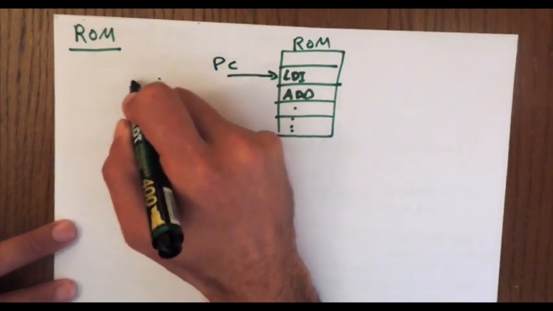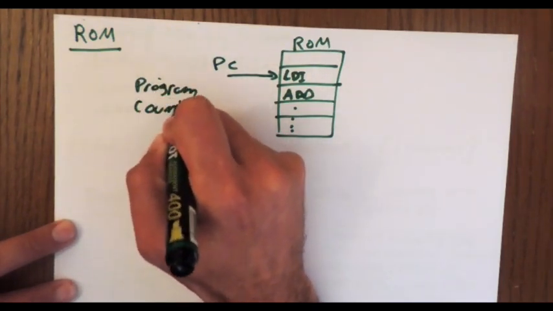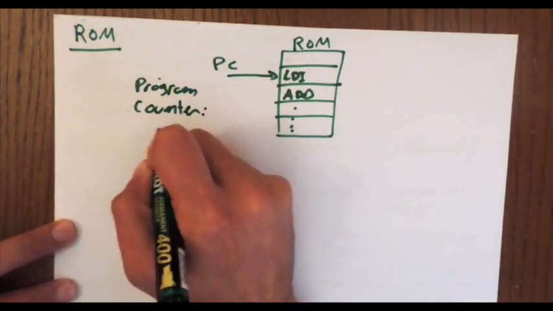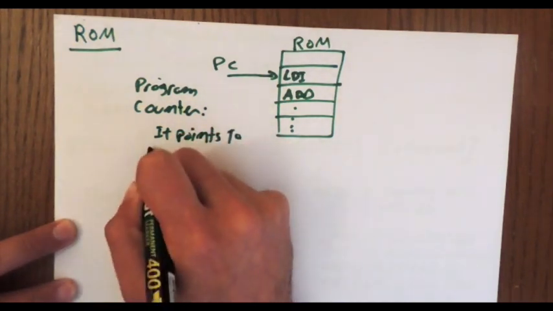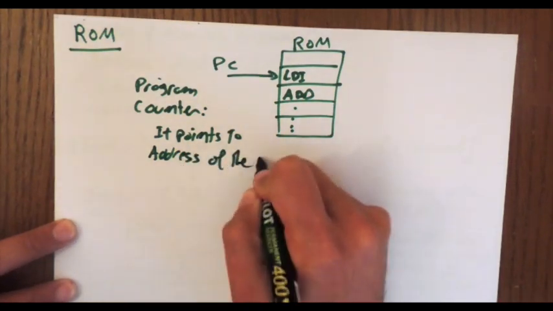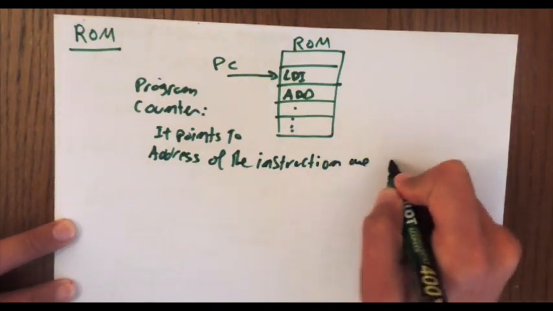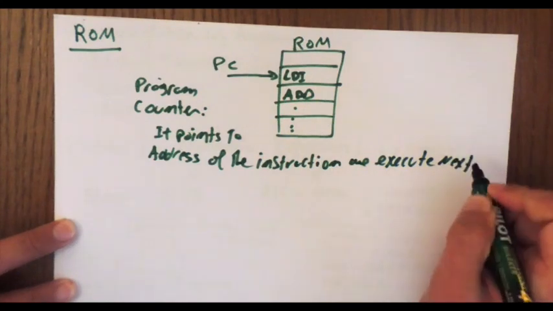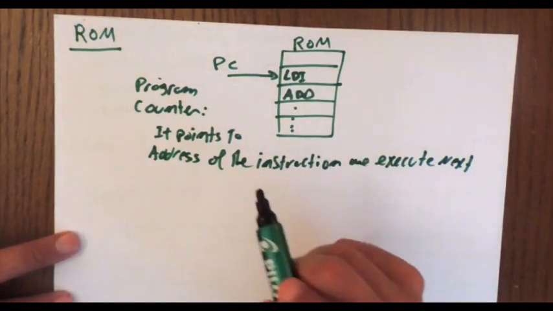It's called program counter, and what the program counter does, it points to the address of the instruction we execute next. So PC points here, this means the next instruction to be executed is LDI.